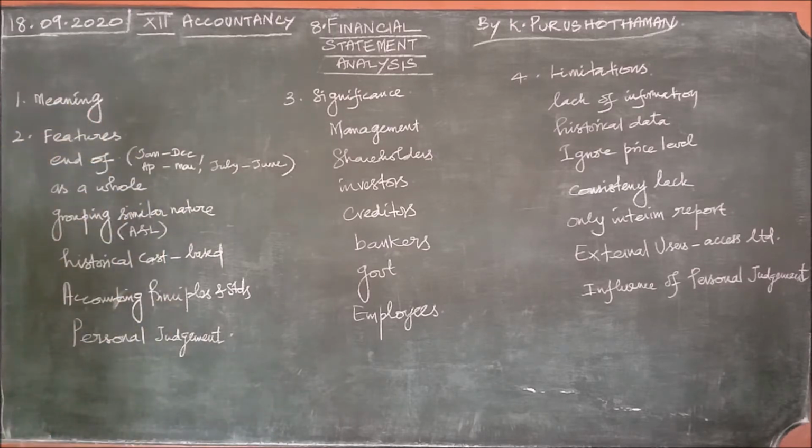See, we have seen the golden rules of accounting: debit the receiver, credit the giver. Had they told us debit the giver and credit the receiver, we would follow it. That is called here principles and standards. Certain principles are maintained, certain rules are followed, and those rules only should be followed. And that is followed uniformly throughout the world.